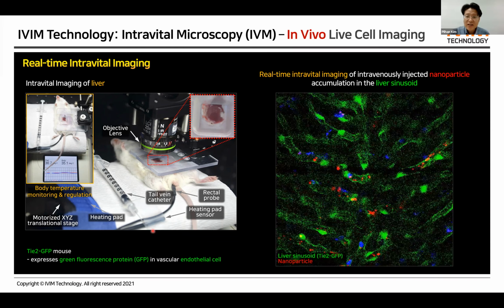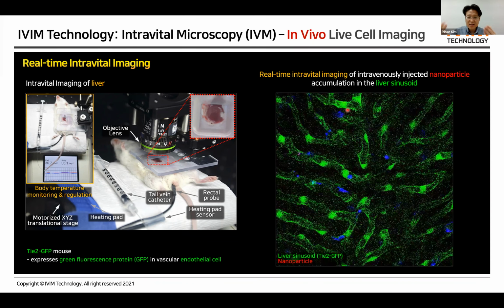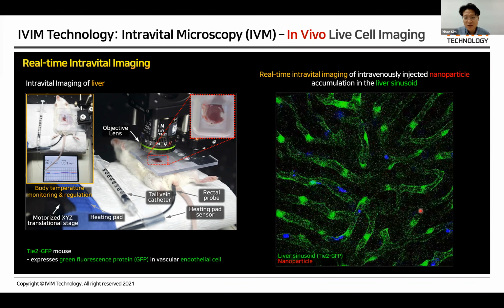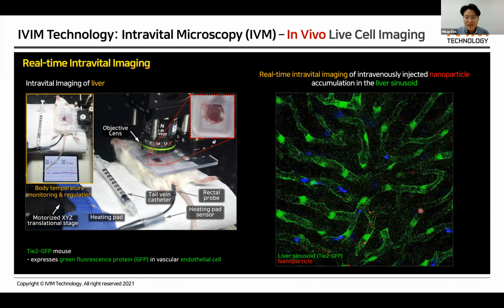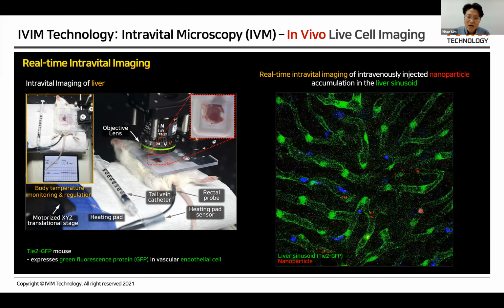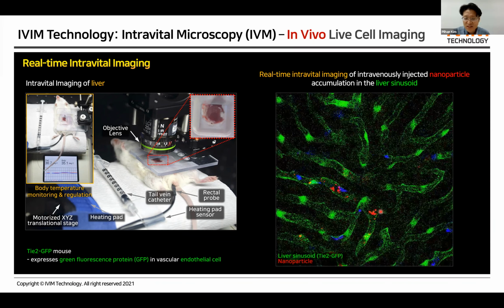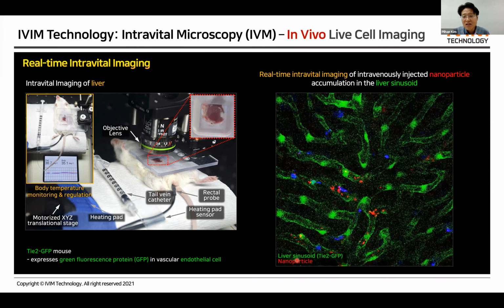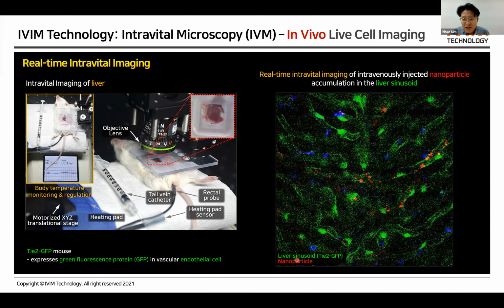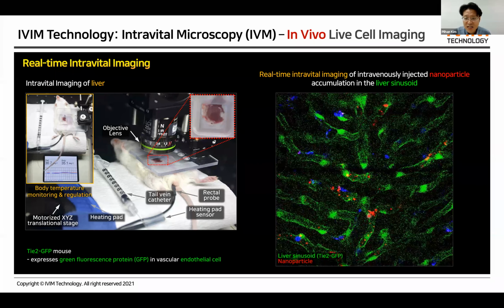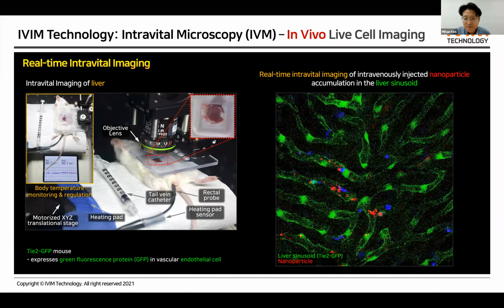So now the movie just started, and we started recording when we did this intravenous injection. As you can see, about 7 to 10 seconds after the injection, the nanoparticle arrived in the liver through the blood circulation and started to attach to the liver sinusoid wall like this.